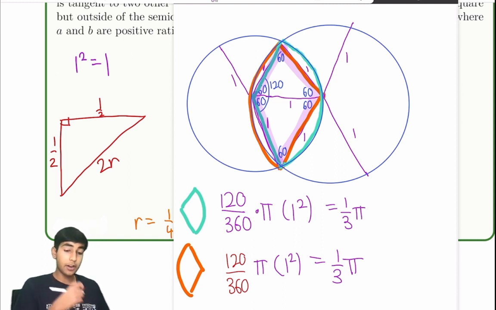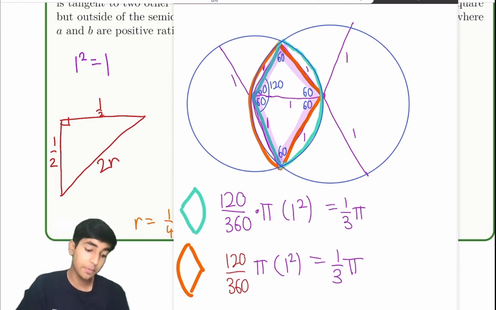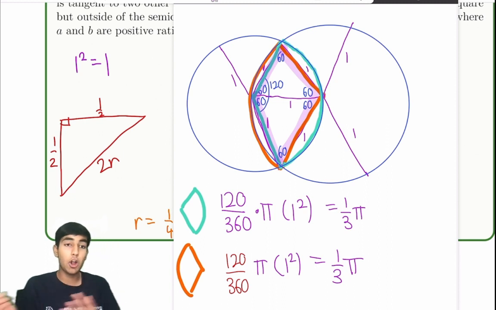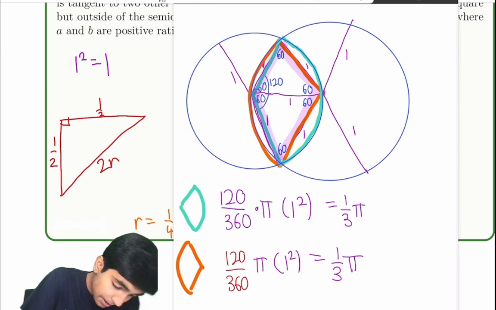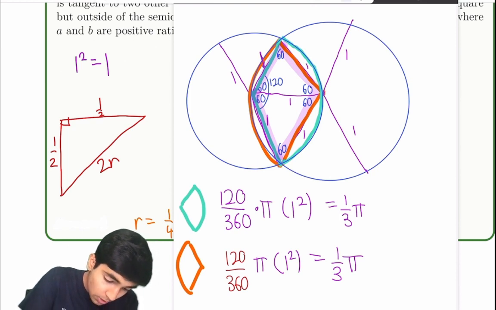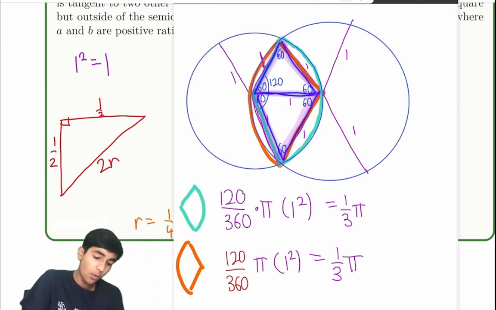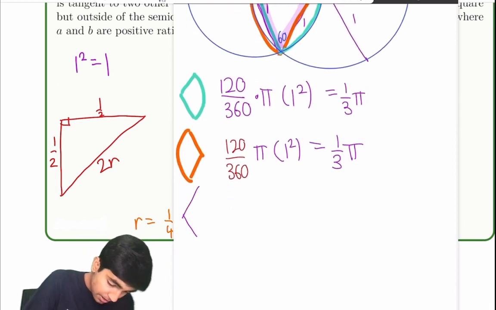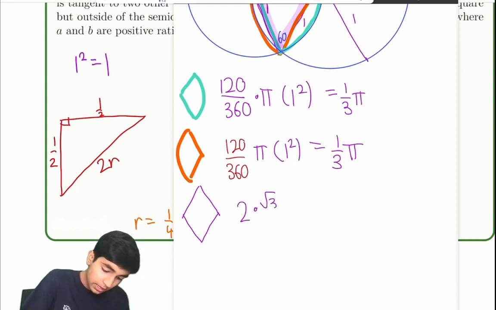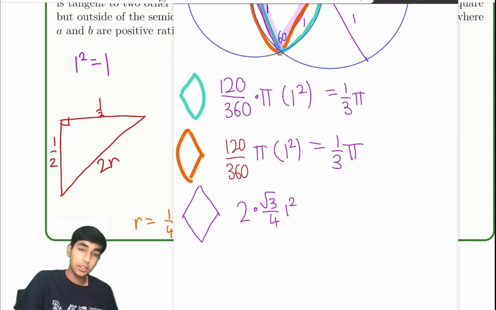How do we find the area of a rhombus? If you remember from a previous video, it's half the product of the diagonals. But another way of doing this is realizing that it's just 2 equilateral triangles of side length 1. So the area of this rhombic region is 2 times √3 over 4 times side squared, which is 1 squared. Remember the formula we learned?